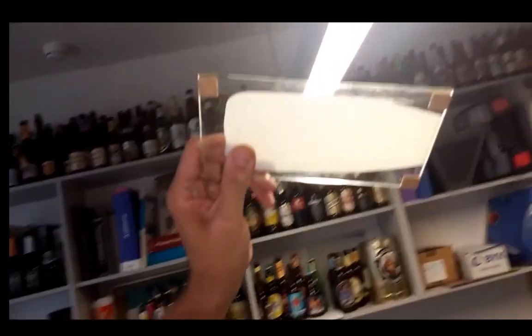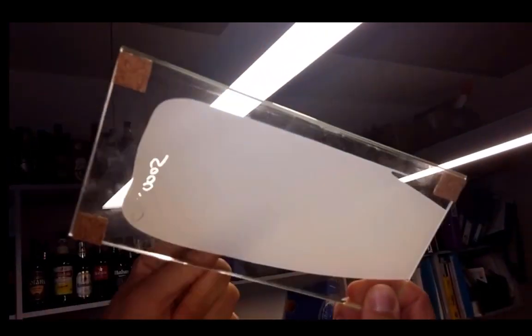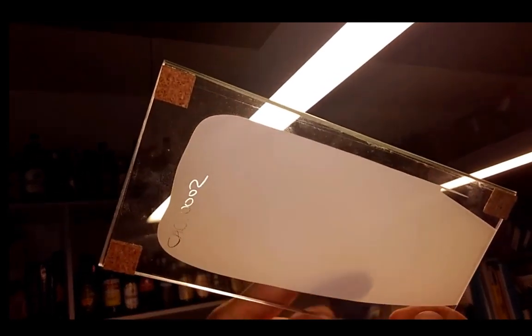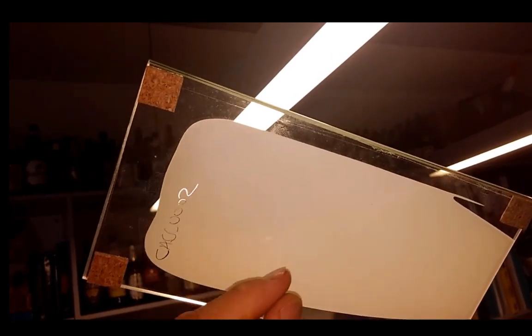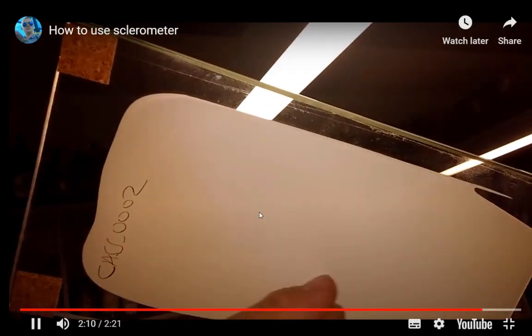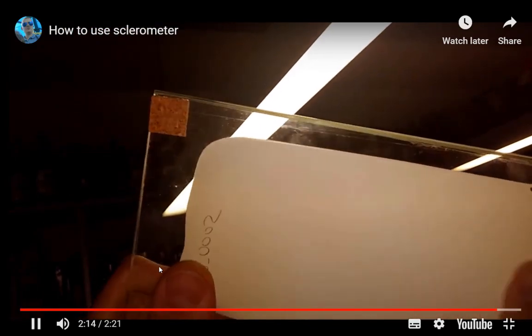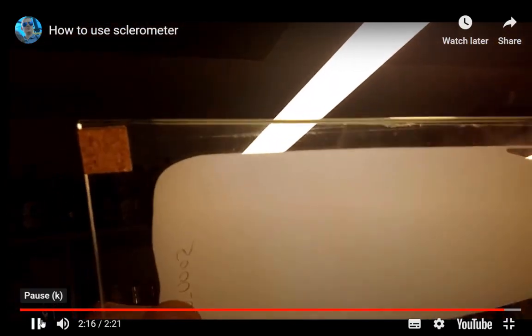The correct way to test for pass or fail is to hold it to the light and see if you can see some part of the enamel that's actually been removed and scratched off. You would see some breaks and some scratches in the surface that can't be removed by rubbing. You see that this is completely passing.